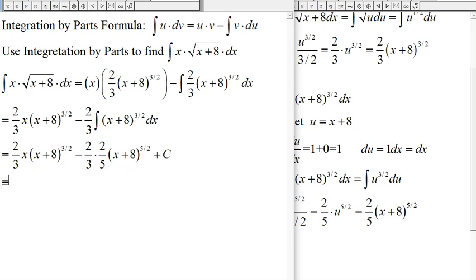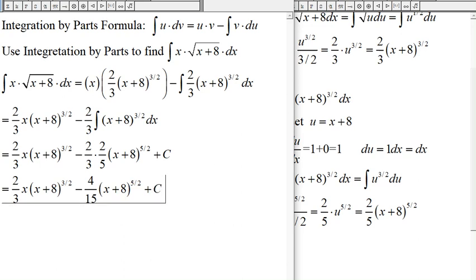And so the final answer will be 2/3 x plus 8 to the 3/2 minus, and then this will be 4/15 times x plus 8 to the 5/2. Let's see. And that's the answer.